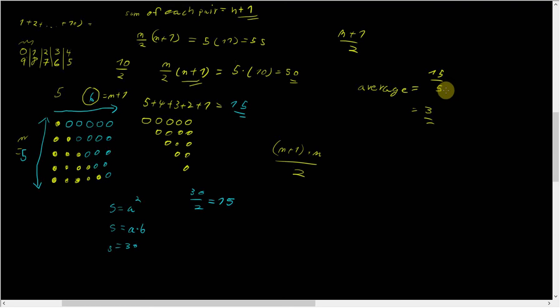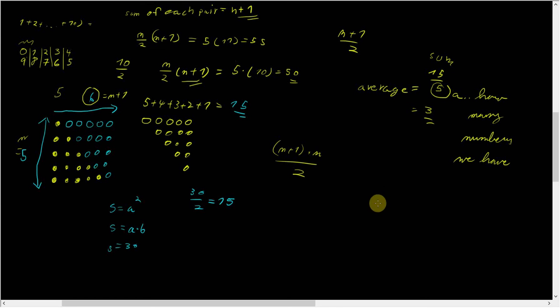What can we do with this? This is our sum, and this is our count of numbers, or how many numbers we have. We can just use some basic algebra, solve this linear equation basically in a different way.